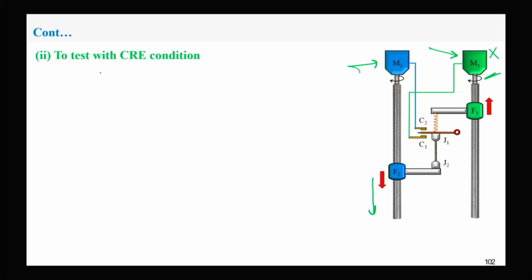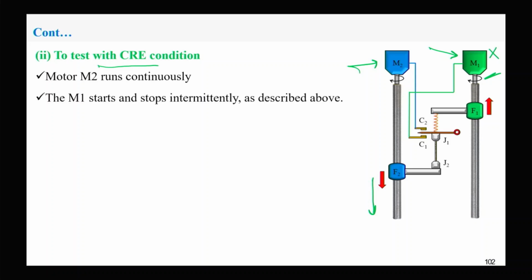Then in similar fashion we will get the system working in CRE principle. So the thing is that motor M1 is responsible for loading and motor M2 is responsible for elongation.